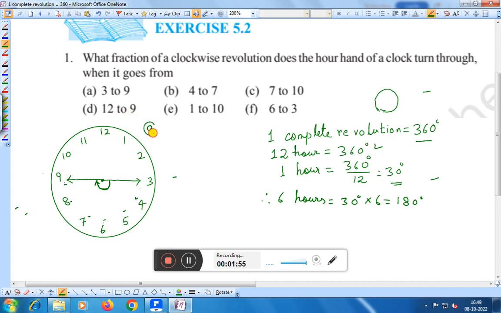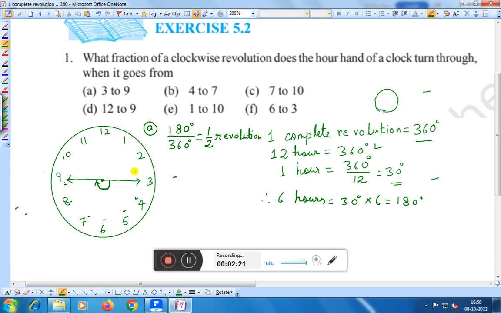If the hand goes 180 degrees, and one complete revolution is 360 degrees, then if we cut it, you get 1 by 2 revolution. That means 1 by 2 revolution it goes. That is question number A.